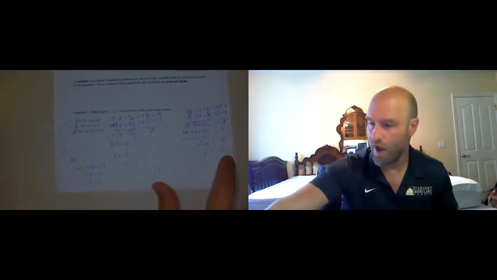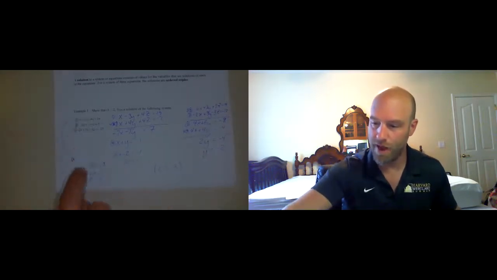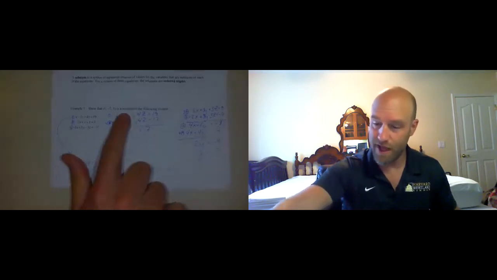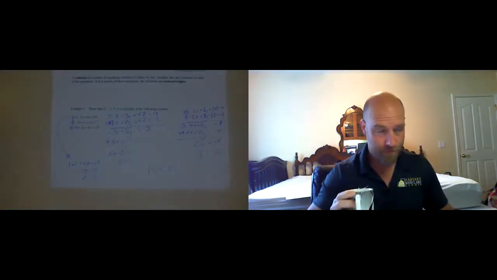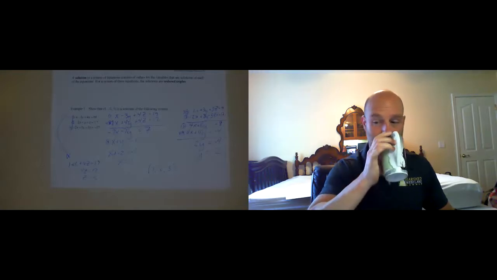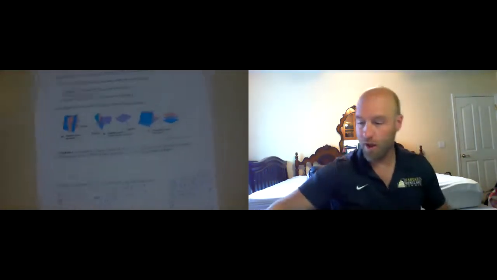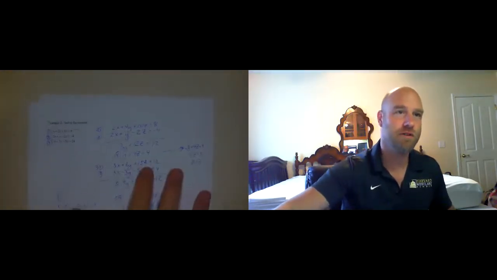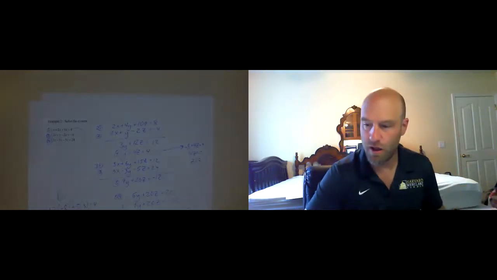Once I found y, I plugged back in to find x. Once I found x and y, I plugged back in to find what z was. It turned out exactly what they had wanted us to prove, that it is 1, -2, 3. Yesterday I paused the video while we did the next one, so I will give you guys a chance to pause your video if you'd like, and get a head start on this one.